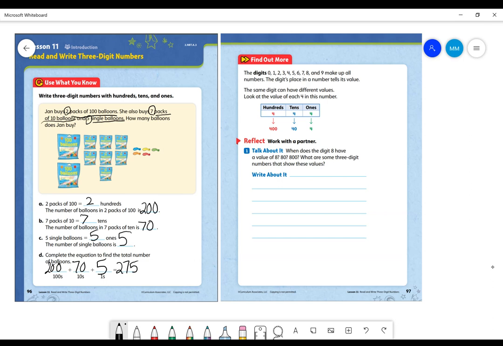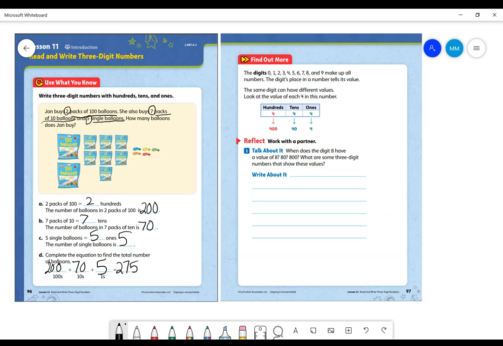So we had 4 in the hundreds place, 4 in the tens place, and 4 in the ones place. In the hundreds place, the digit 4 stands for 400. In the tens place, the 4, its value is 40. And in the ones place, 4 shows the value of 4 ones.